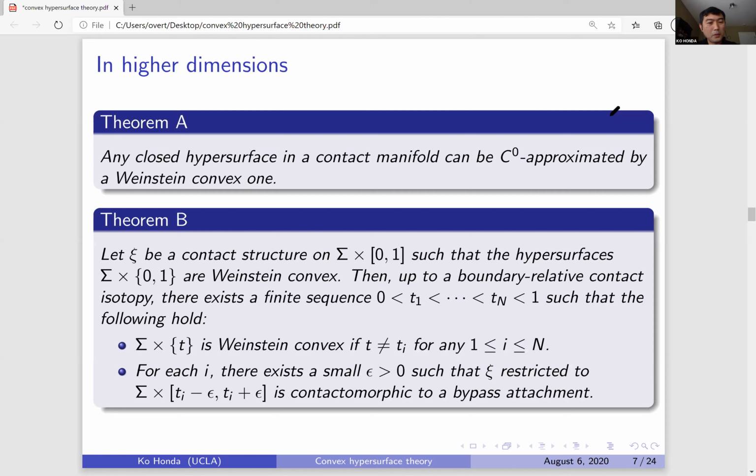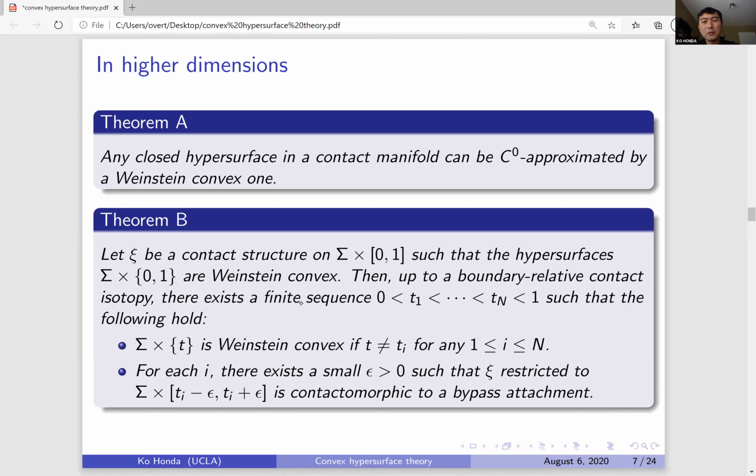This one also comes with a pair. If you have a contact structure C on sigma cross [0, 1], such that the hypersurfaces sigma cross 0 and sigma cross 1 are Weinstein convex, then up to some sort of boundary relative contact isotopy, some contact isotopy which fixes the boundary, you have two choices. You can either wiggle the sigma cross T, or wiggle the contact structure. And here I'm just wiggling the contact structure in the way it's described.